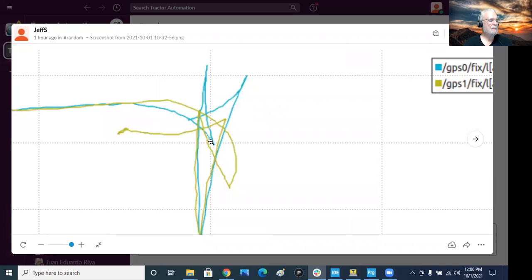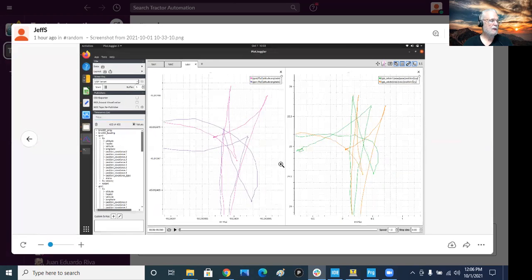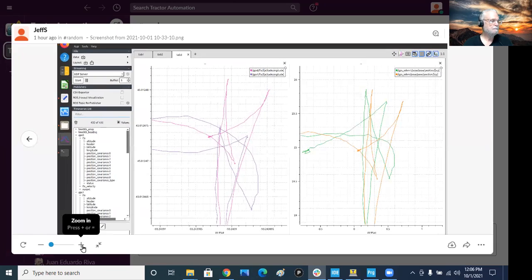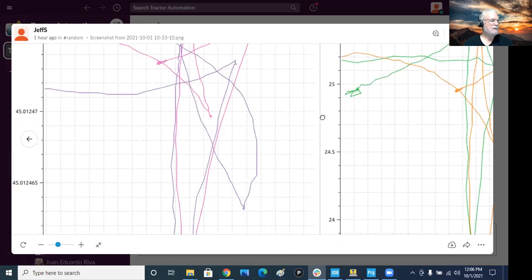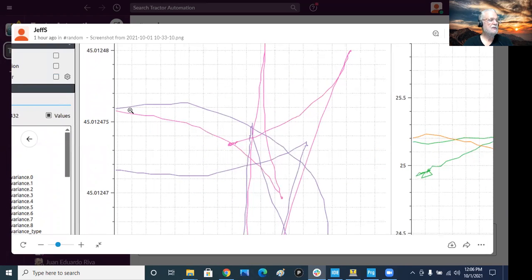When I come to a stop, here's the back antenna, here's the front antenna. Then I started backing up, so the front backs up here and the back backs up here. I was trying to correct for that. Here's the zoomed-in version of the original, the line coming in on the GPS.